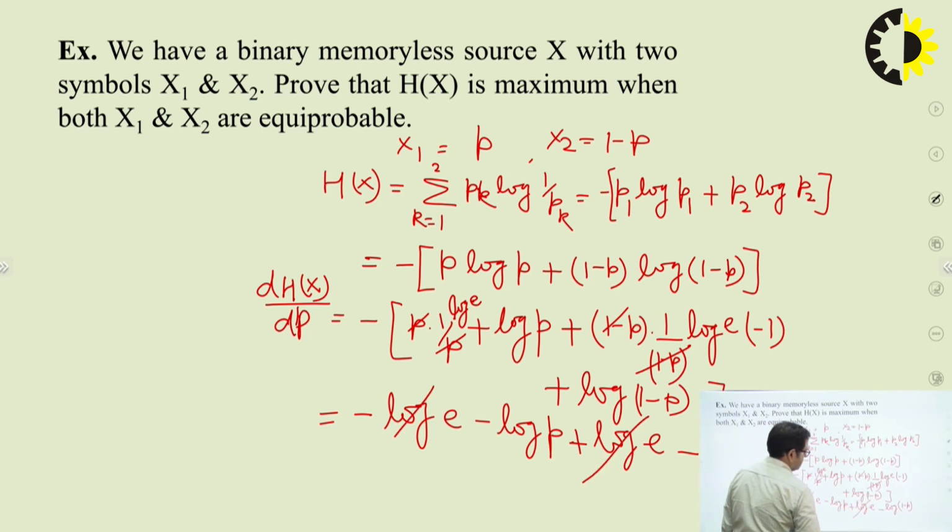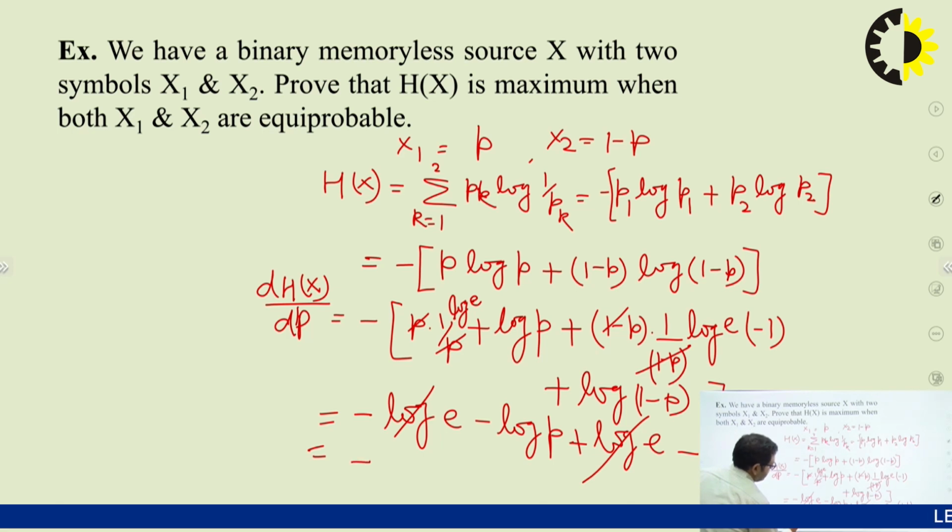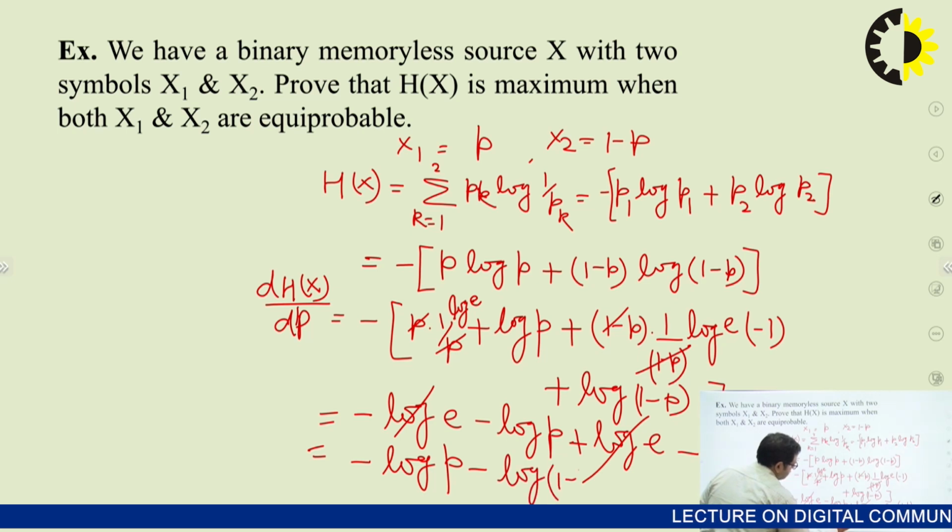This will get cancelled. We have minus of log P minus log (1 minus P).